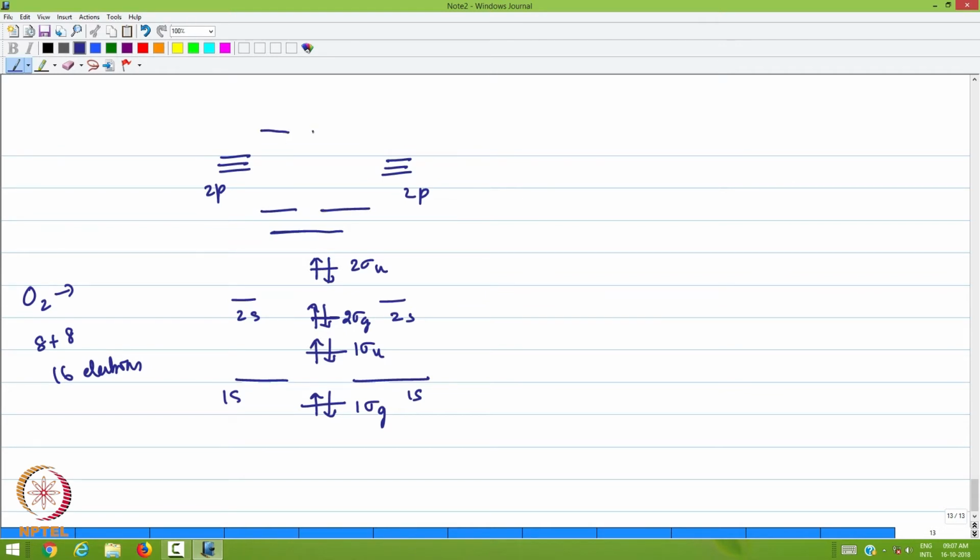With respect to the antibonding orbitals, there are no problems. The pi orbitals, antibonding orbitals, pi star g, and this is sigma u.